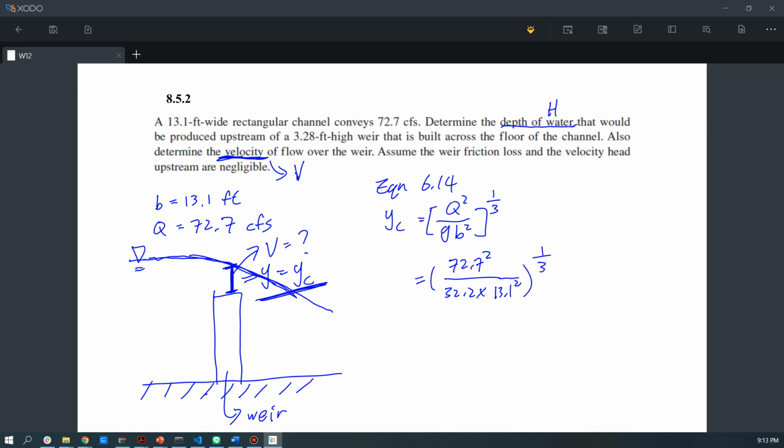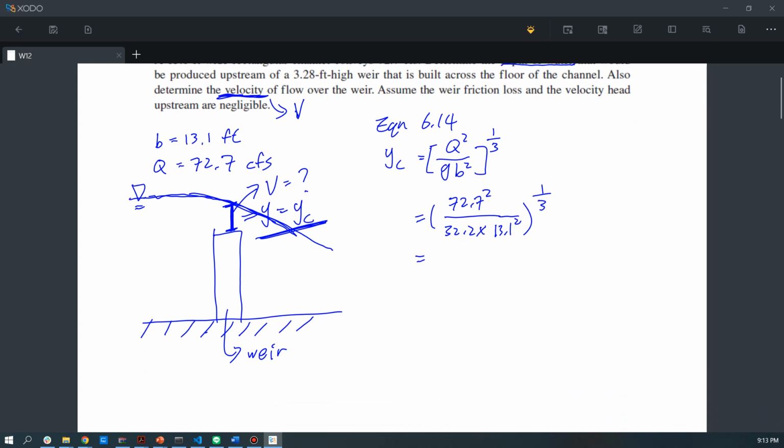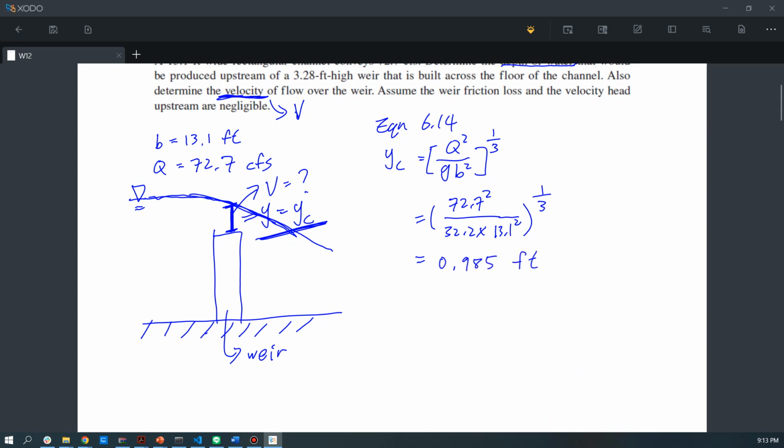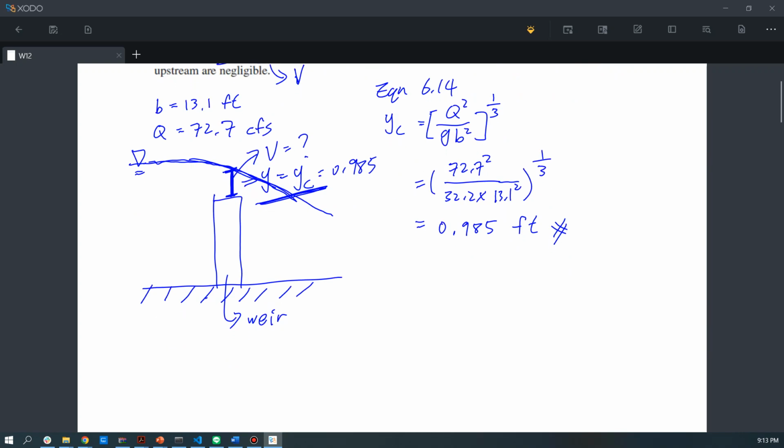Okay, so after the calculation, we will get the answer that the critical depth is equal to 0.985 feet. So now we already know the value for this yc is 0.985.